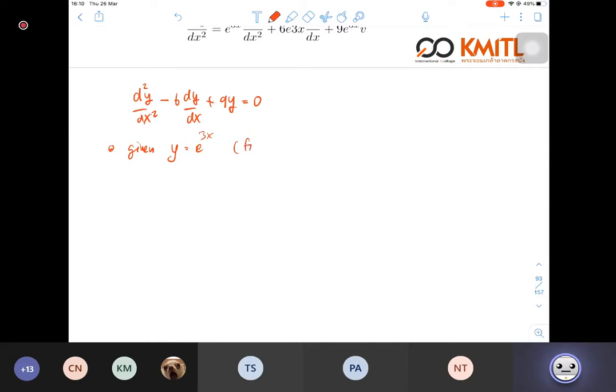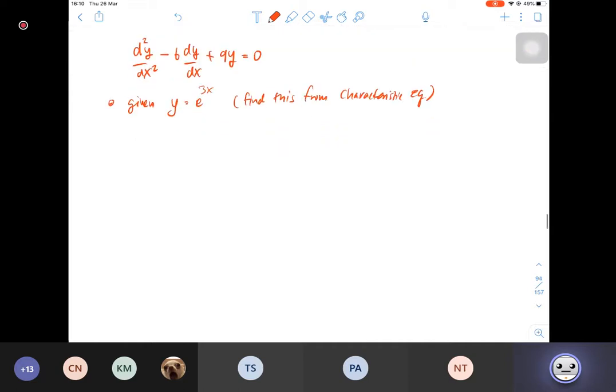Actually, you found this solution already from the characteristic equation.